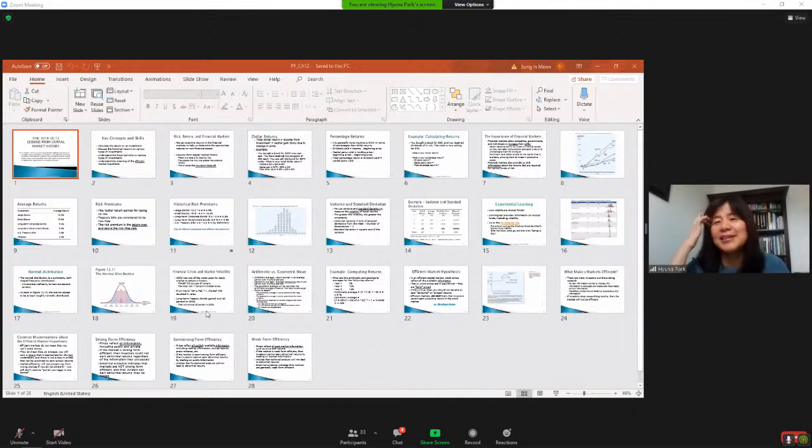So in chapters 12, 13, and 14, again, these chapters are for finding the right discount rate for a risky investment for a valuation. We need the discount rate to find the present value. Remember, the value of any risky asset is the present value of expected future cash flows.